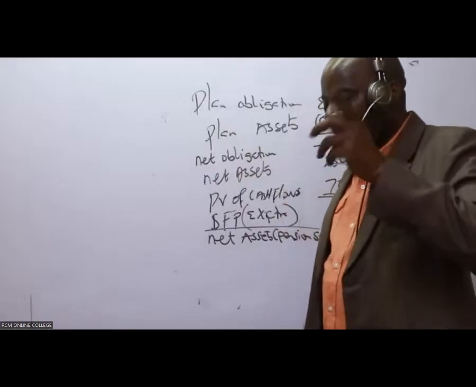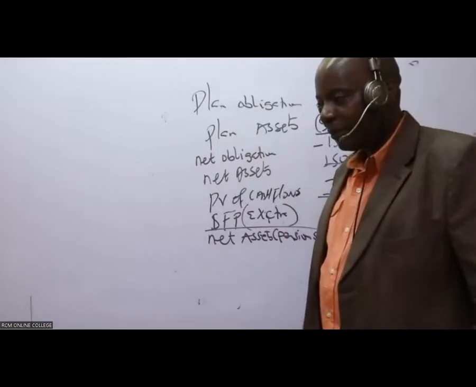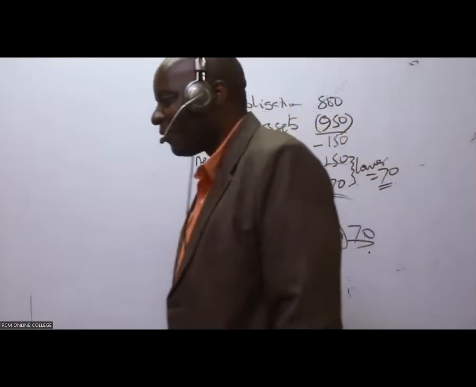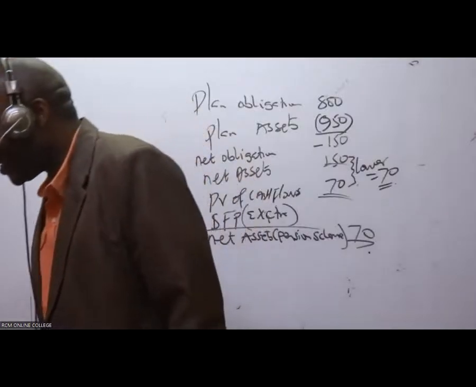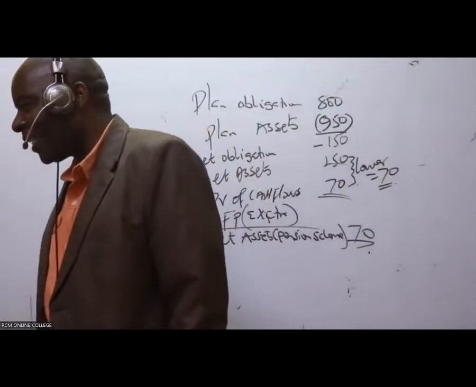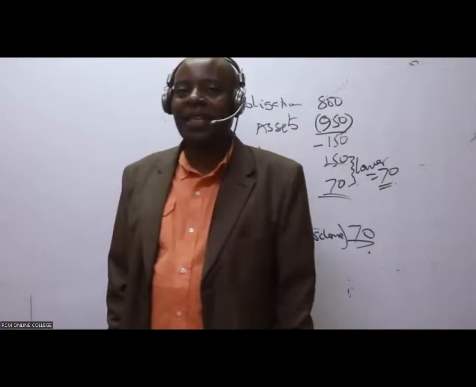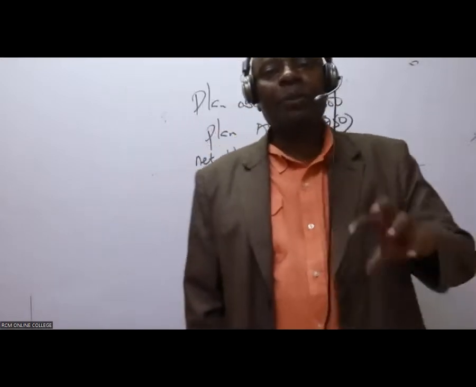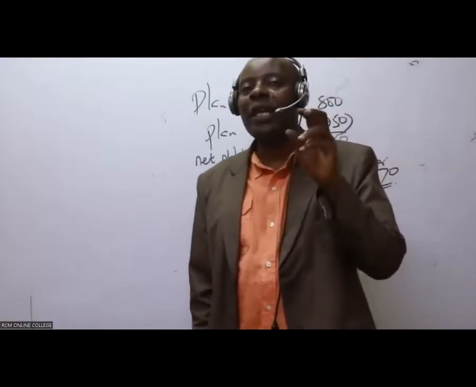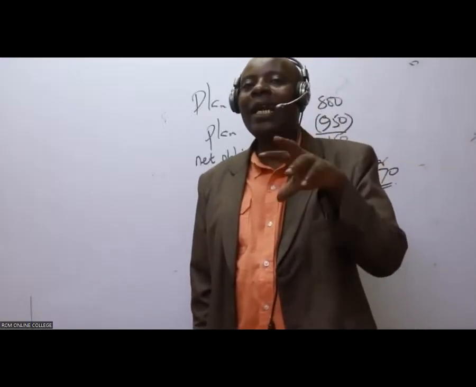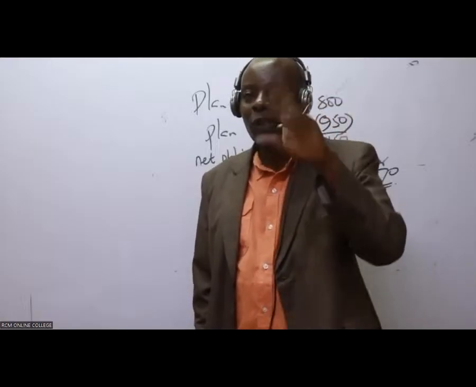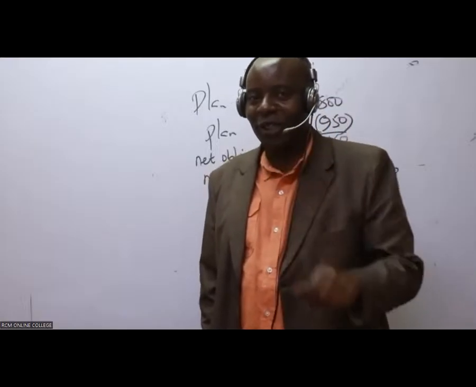What I'll never forget about this IAS 19 is the asset ceiling. So when you're explaining asset ceiling, remember, first of all, it has to be a plan which has a net asset. When net assets are more, you must always look for the present value, and then you work with the lower. That's how you explain this in your theory.